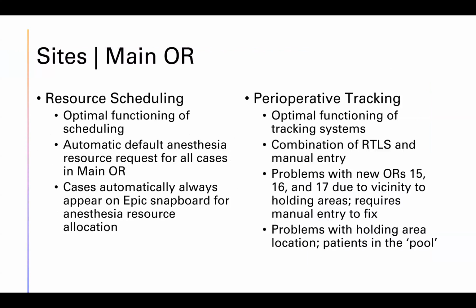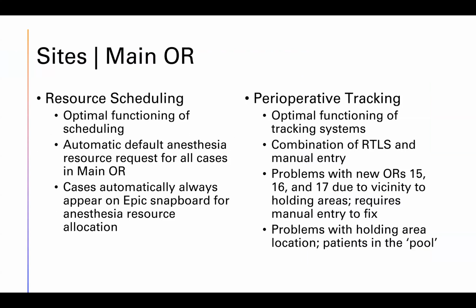So now I'm going to go over the various sites and what we did via interviews to understand what the dysfunctions may be, starting with the main operating room. When it comes to resource scheduling, especially anesthesia resource scheduling, the main OR is probably the optimally functioning area of our system.